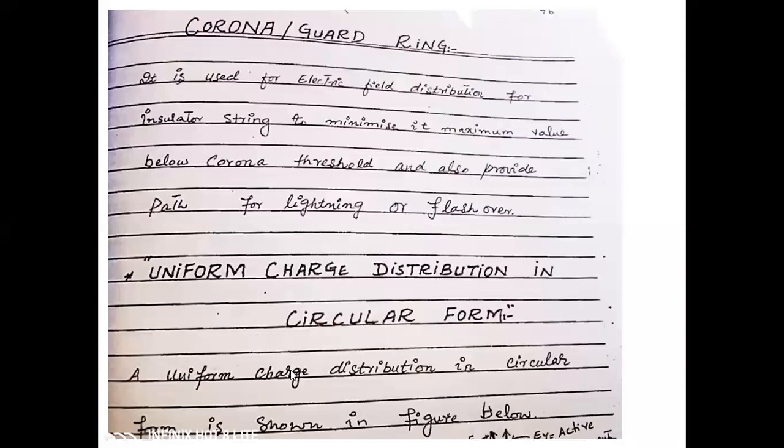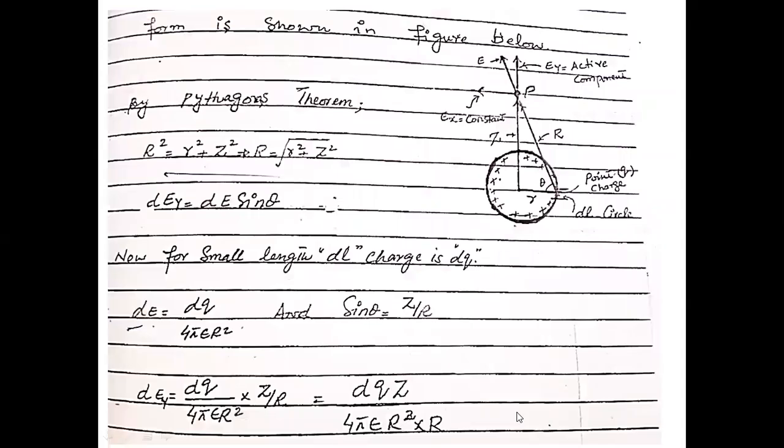A uniform charge distribution in circular form is shown in the figure below. As you can see, this is the top view of the corona ring or the guard ring, and the charges are distributed over it in the circular form.